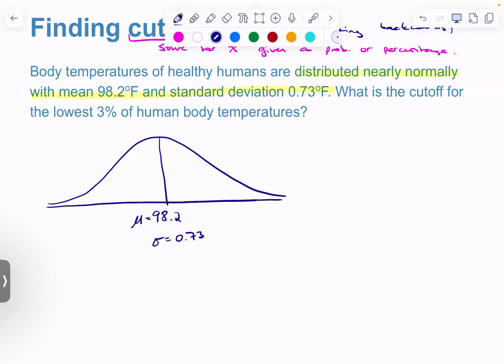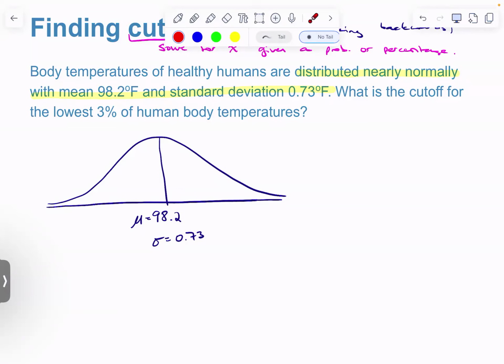Usually I give you a scenario, a distribution like this, and then part A might be, if you have a temperature of 104 degrees Fahrenheit, that's really high, I think. It's probably a severe fever, definitely hospital.